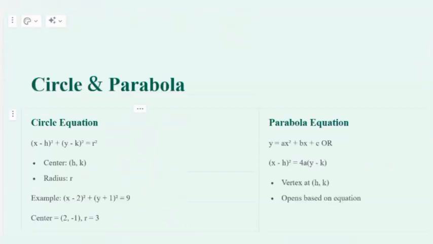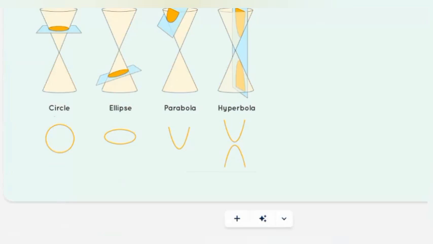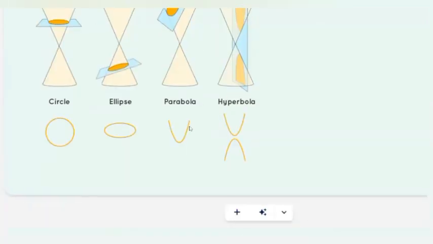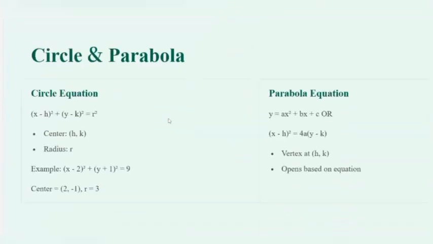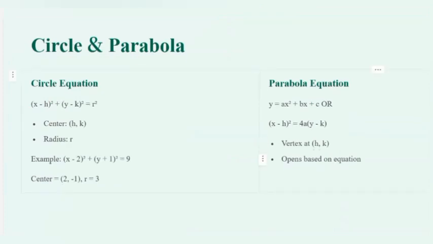When we're talking about the parabola, we're not using a center because it's not a uniform shape. We're talking about the vertex, right? The vertex for the parabola is this particular point, and it has its own coordinates on the x and y axes as well. So x minus h all squared equals 4a times y minus k. You have to treat this one separately and that one separately.